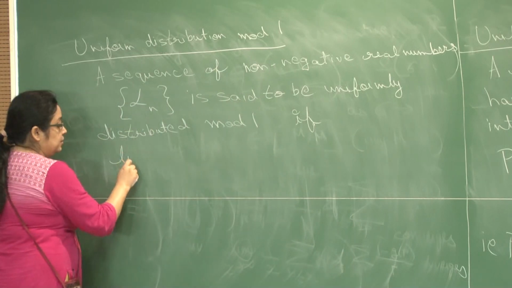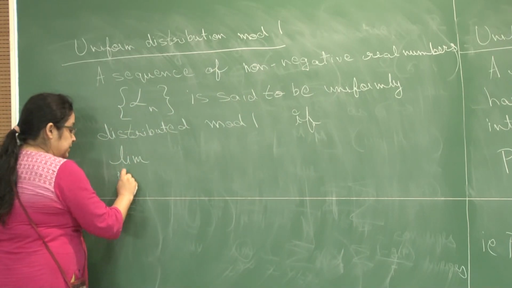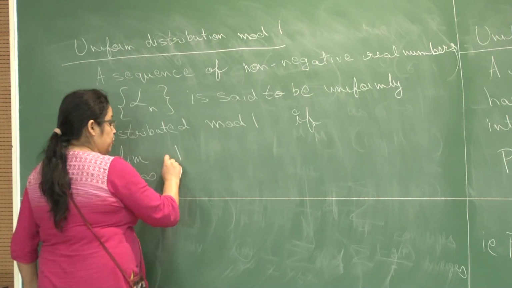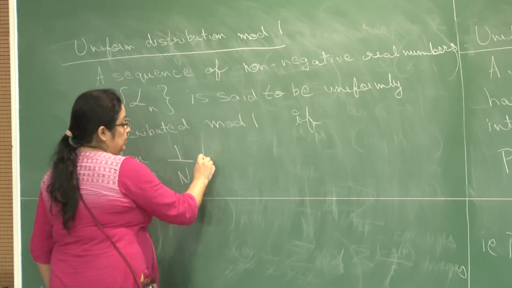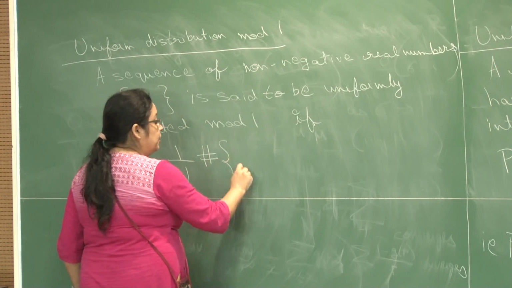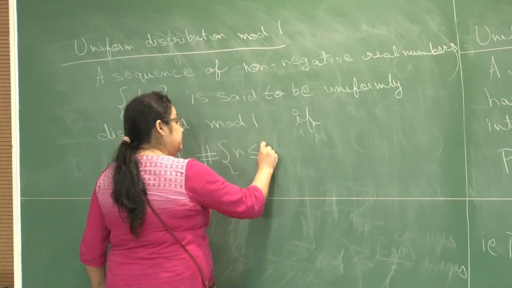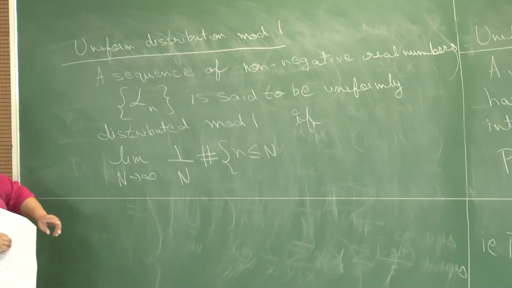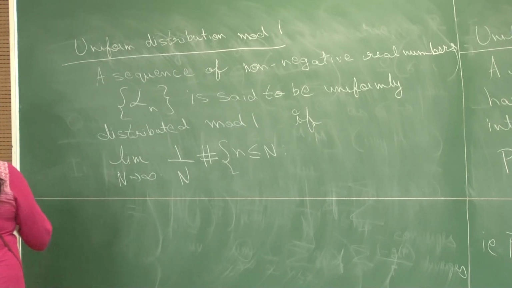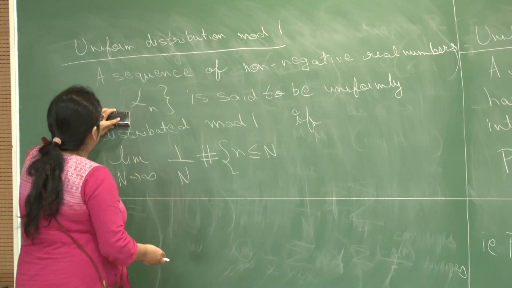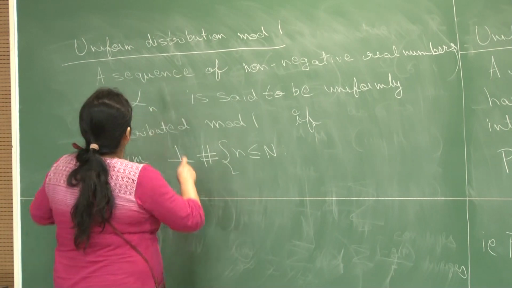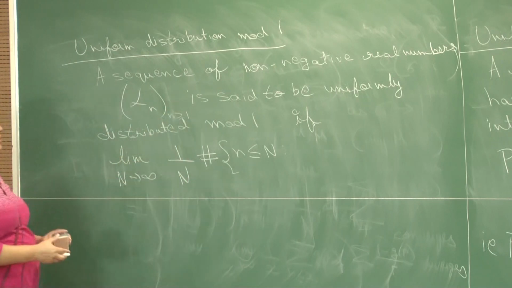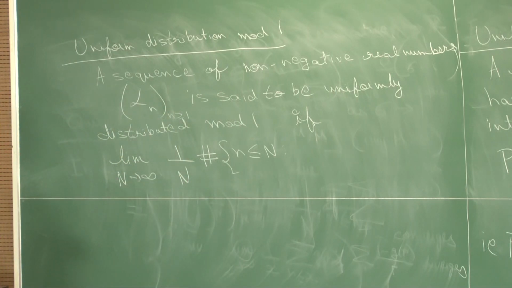The limit as n goes to infinity of 1 by n times the number of n up to N for which the fractional part of alpha of n, so to avoid confusion between different symbols, let me take this to be any sequence of non-negative real numbers.